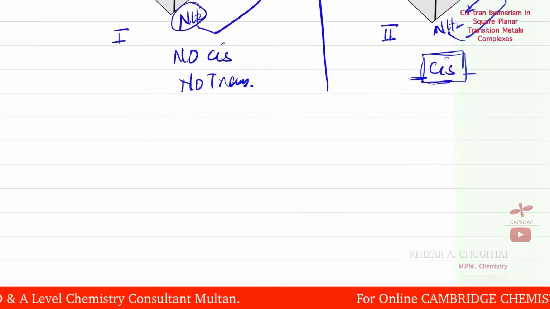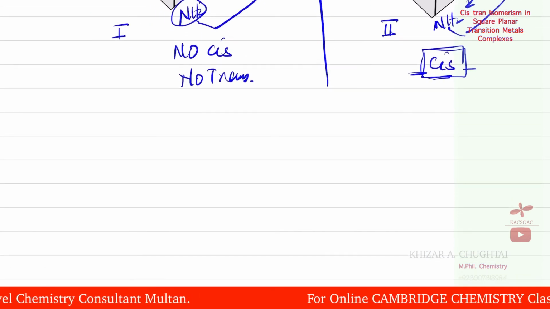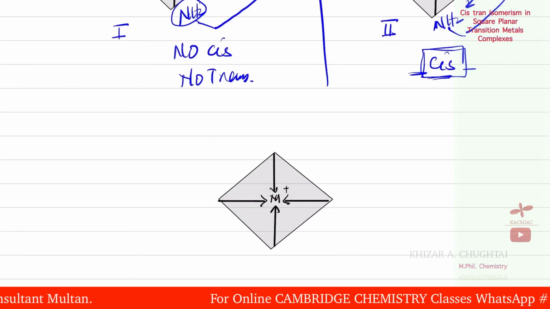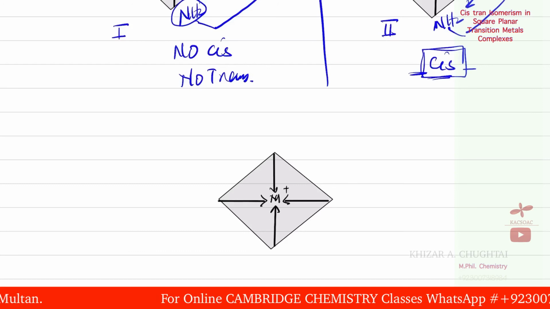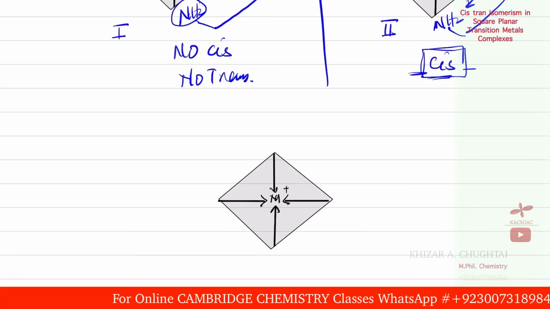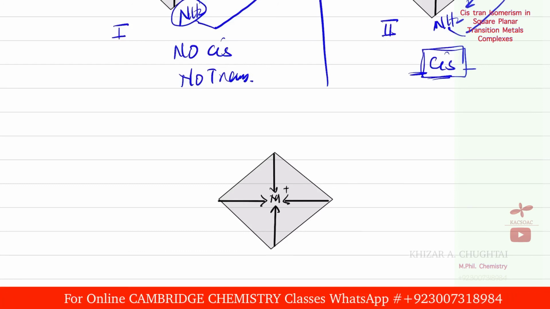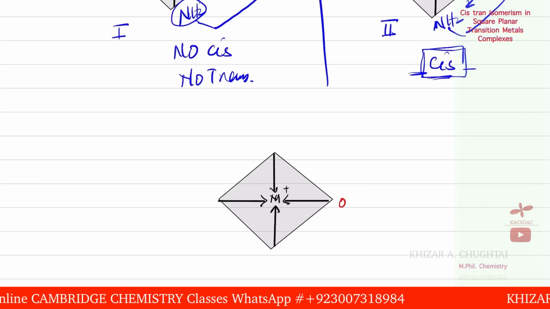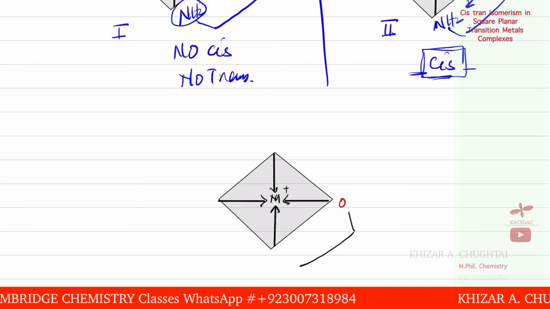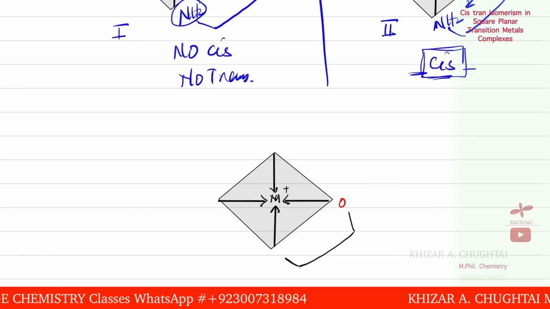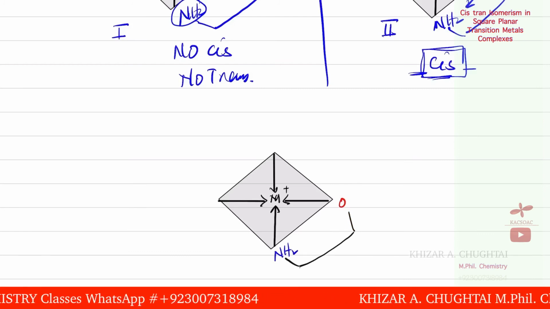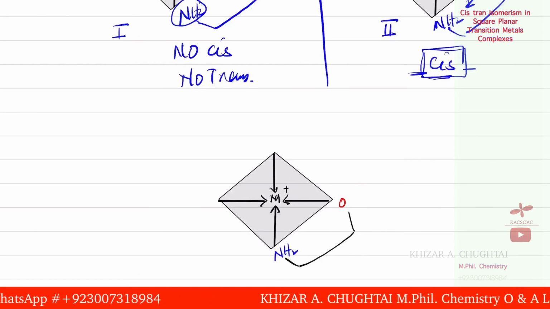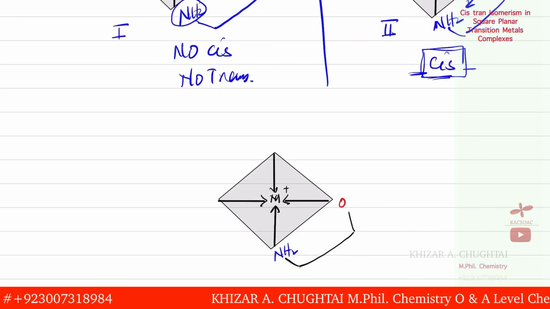I'm going to draw the third possibility, with both bidentate ligands having two different donor atoms: oxygen, CH2, CH2, and here NH2. So each bidentate ligand shows different donor atoms.